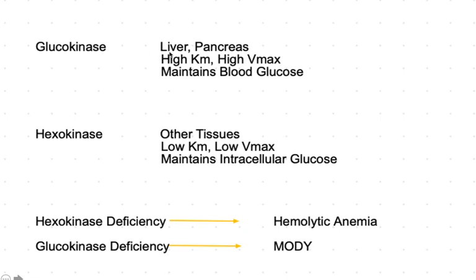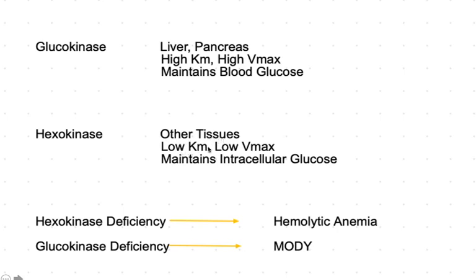Glucokinase is found in liver and pancreas. It has high Km, meaning low affinity for glucose, and high Vmax, meaning high capacity. On the other hand, hexokinase is found in other tissues.